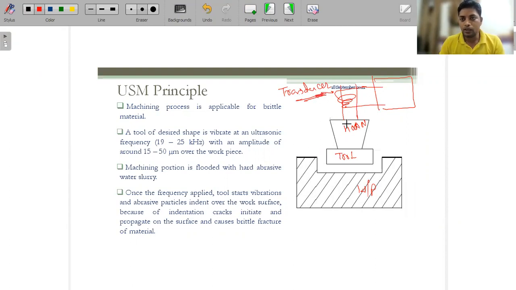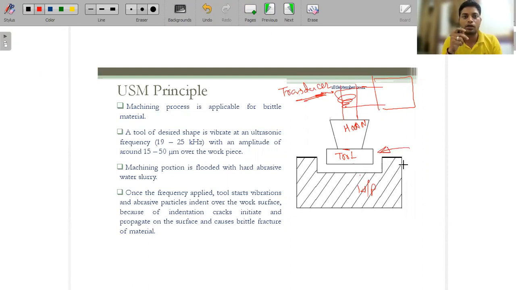Then we are using the horn. Why we use the horn, I will tell you later. It is a long-shaped structure, and at the bottom of the horn we have connected the tool, or tool tip. The principle is that this is the tool and this is the workpiece, and we pass an abrasive slurry.